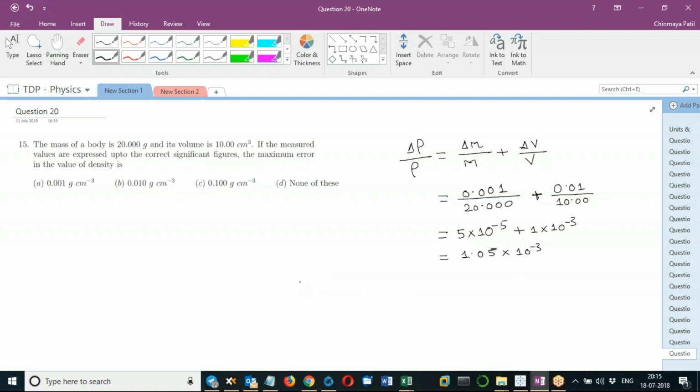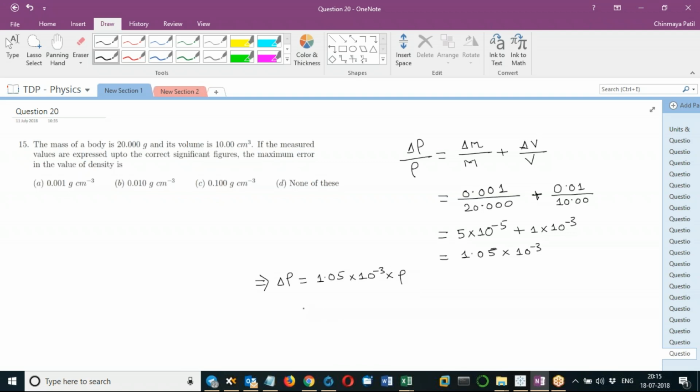So we can find the value of delta rho equal to 1.05 into 10 to the power minus 3 into rho.